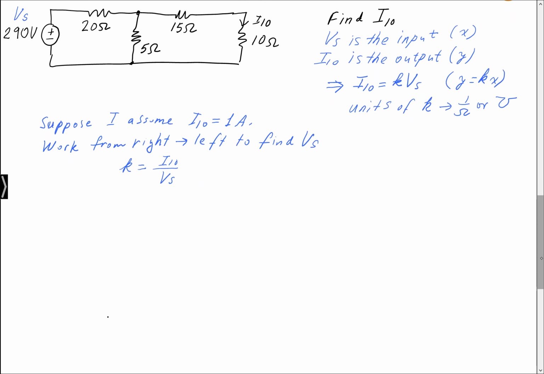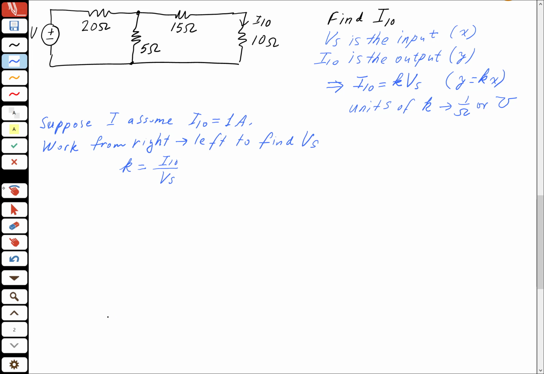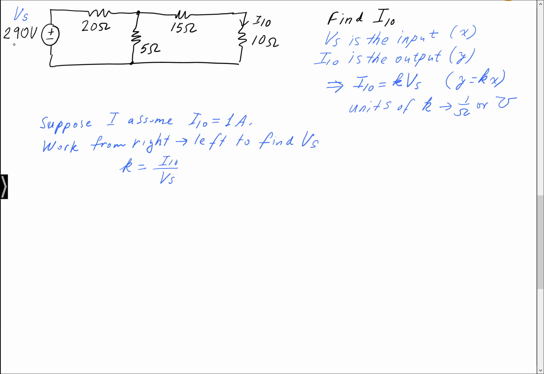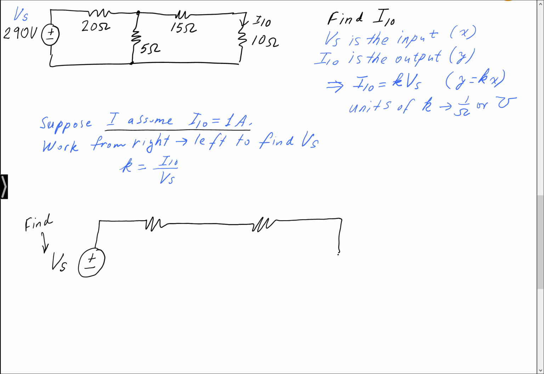I'm going to redraw the circuit first. I'll draw it a little bigger, because I'm going to do the calculations on the circuit. The point in this particular problem is that I'm going to try to find the value of Vs starting from an assumed value of I10.